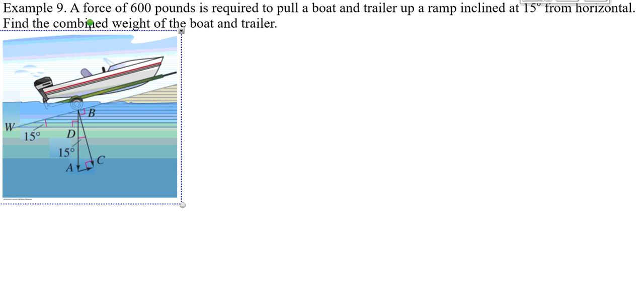And so here is the picture. It says a force of 600 pounds is required to pull a boat and trailer up a ramp inclined at 15 degrees from horizontal. Find the combined weight of the boat and trailer. You might want to just take a moment and sketch these pictures. I'll sketch them here as well. They've got right at the tire, I'm not going to draw all that, but they've got that point B right there.